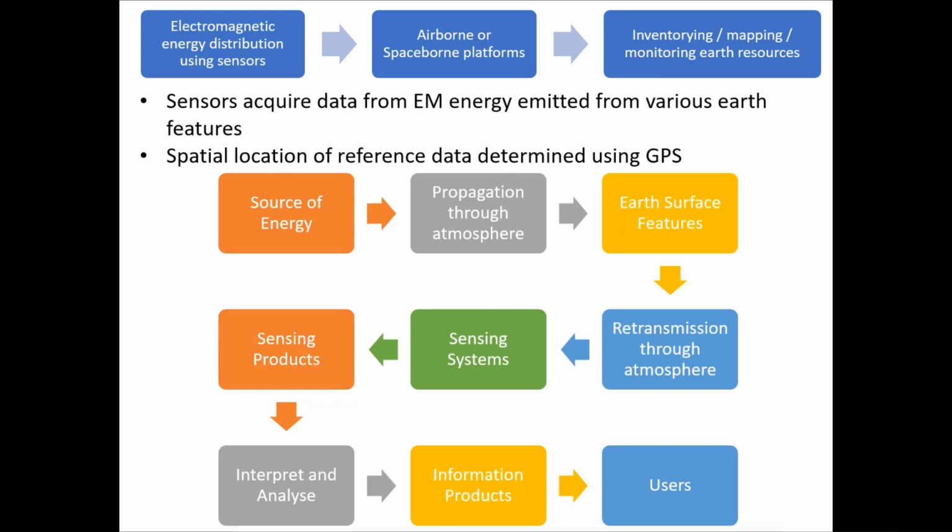That is what we basically do using this satellite remote sensing data. As I mentioned, there are basically 7 steps. As you can see here in the flow chart, before the user gets to use that data, there are 7 steps. The first one is the source of energy or the source of illumination. So where does this earth emit these energies actually?